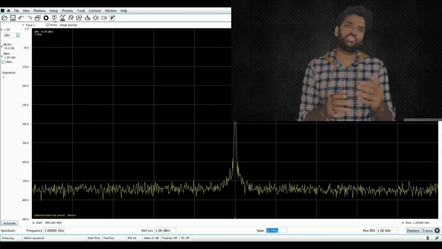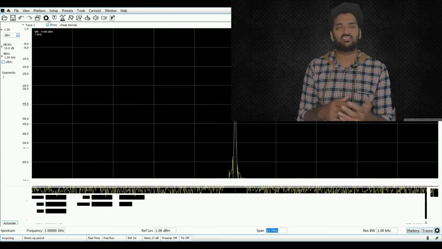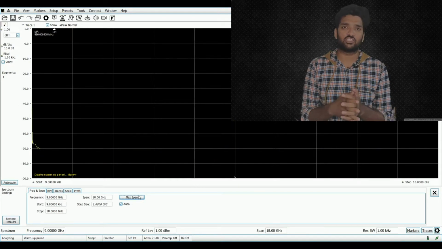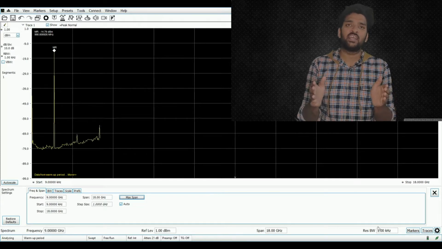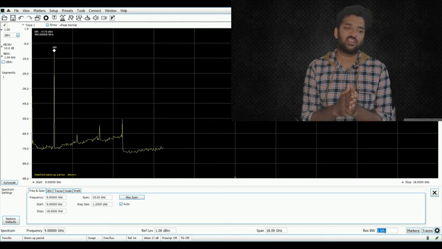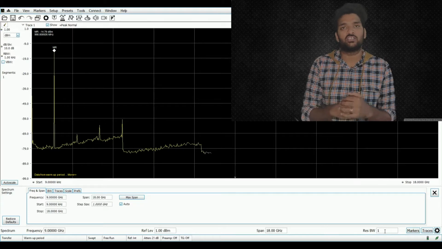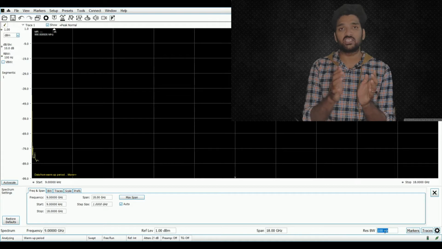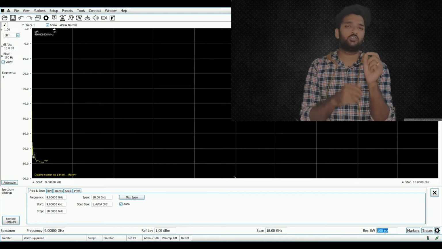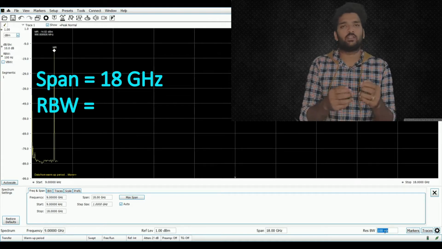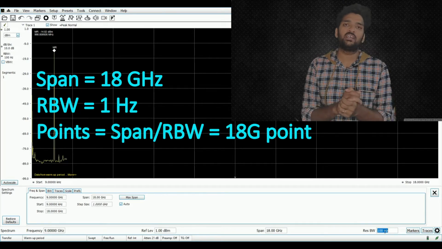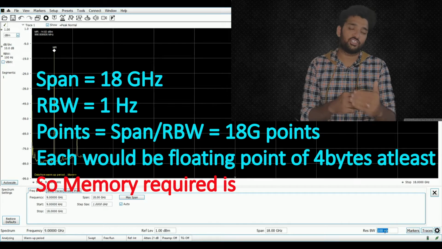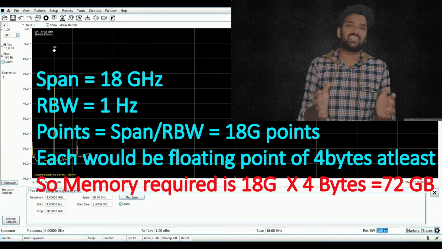So let's push it to the max extent. Let's put everything at max. So let's take max span. We have an 18 gigahertz spectrum analyzer, so max span would be 18 gigahertz, and let's keep the minimum resolution bandwidth, which is 1 hertz. So 18 gig by 1 hertz is 18 giga points. Generally, to represent a point in any software, we'll use floating point, which at the least would be 32-bit. There are 64-bit as well, but let's take 32-bit.